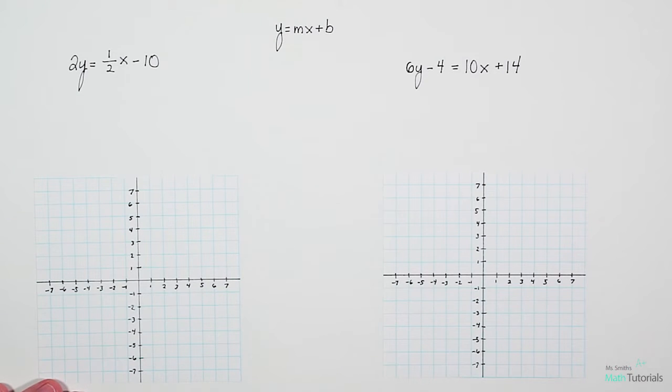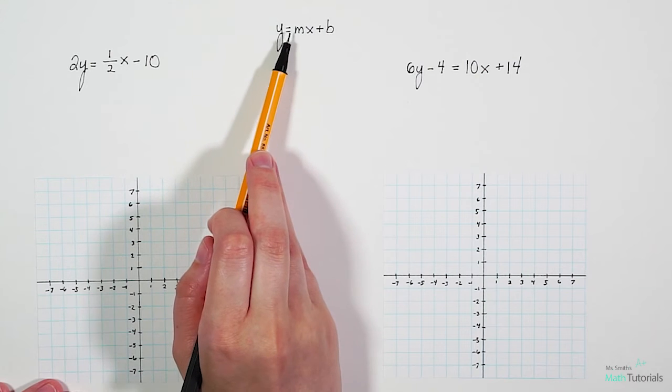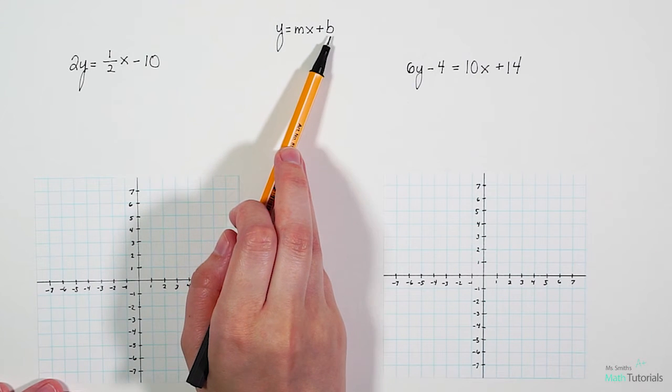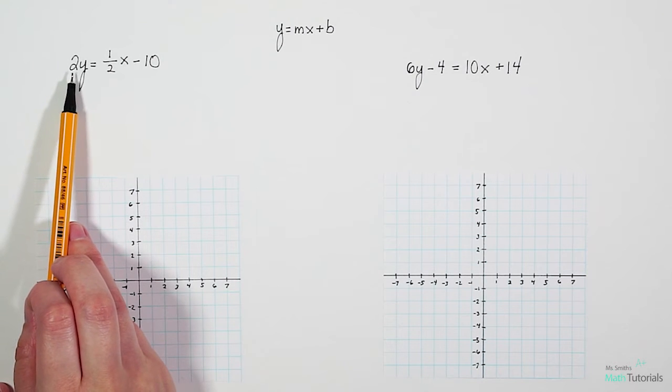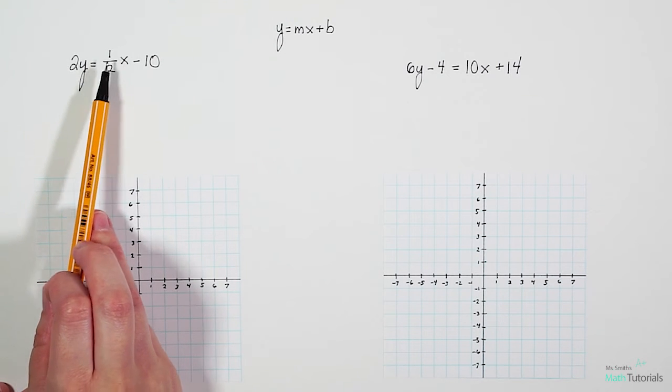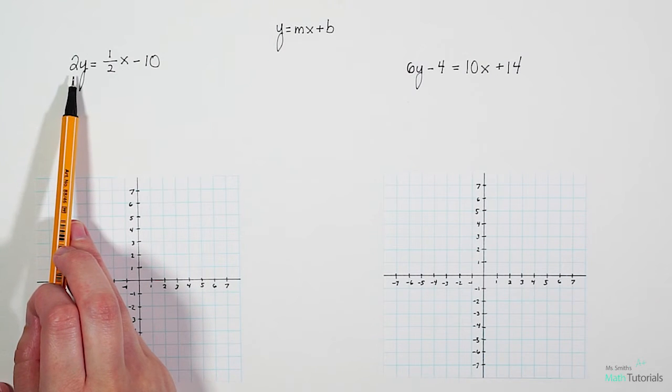Let's look at another couple examples. I've written a reminder up here of our standard form, y equals mx plus b. And when I look at this first problem, this says 2 times y equals 1/2 x minus 10. Well, we haven't had a 2 or any number in front of the y before.